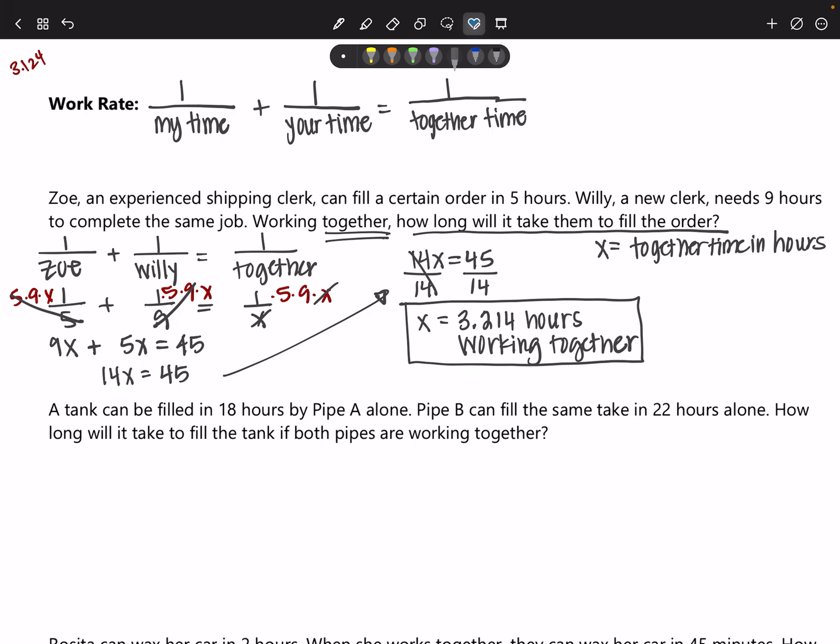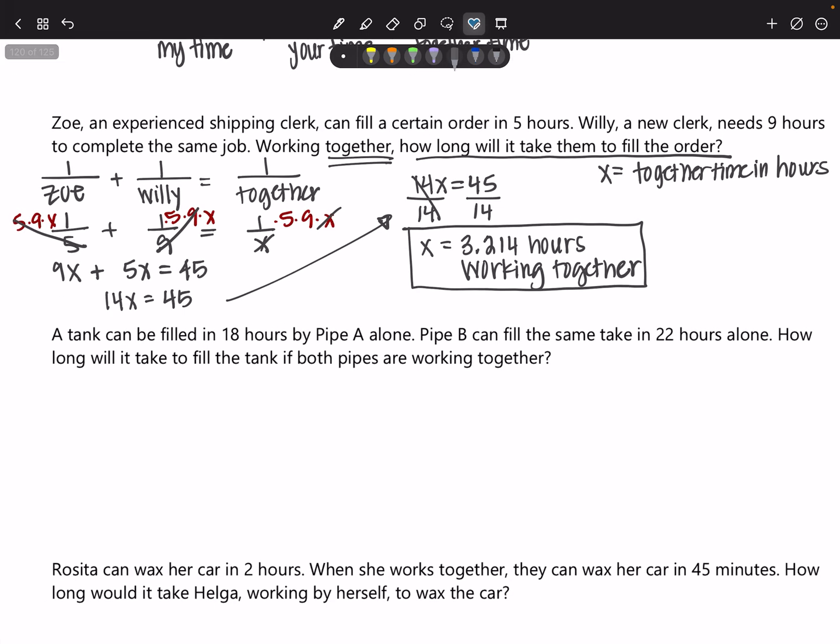A tank can be filled in 18 hours by pipe A alone. Pipe B can fill the same tank in 22 hours alone. How long will it take to fill the tank if both pipes are working together? So 1 over pipe A plus 1 over pipe B is equal to 1 over the two pipes working together.